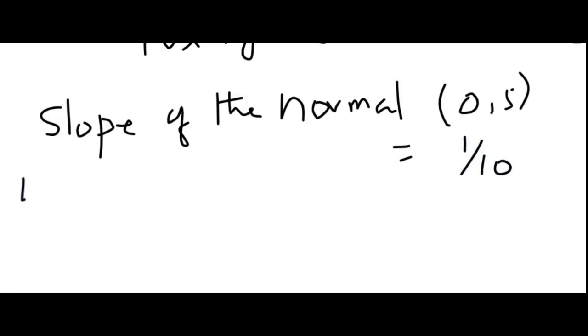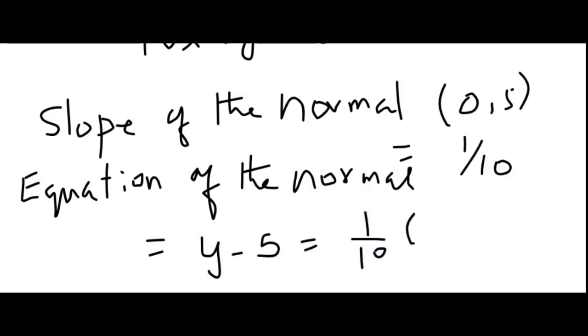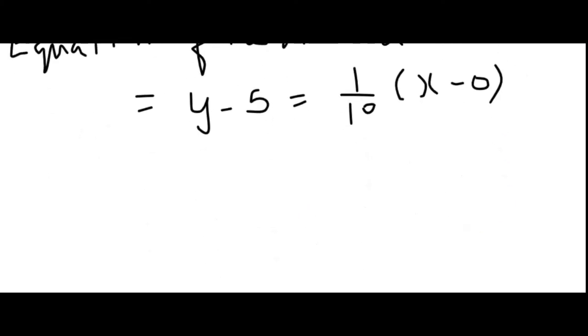Therefore, the equation of the normal is y minus y1, which is y minus 5, is equal to 1 by 10 into x minus 0, or the equation of the normal is given by x minus 10y plus 50 is equal to 0.